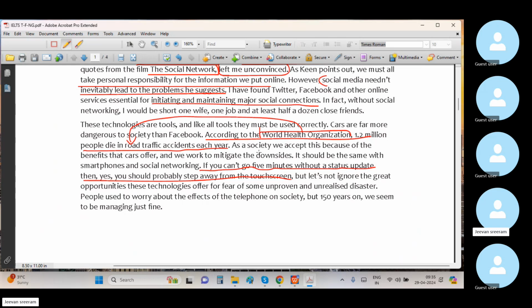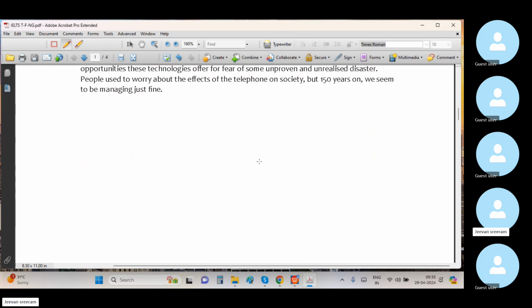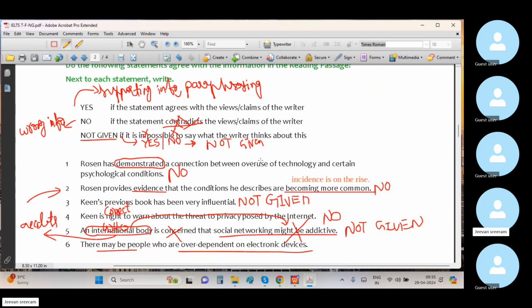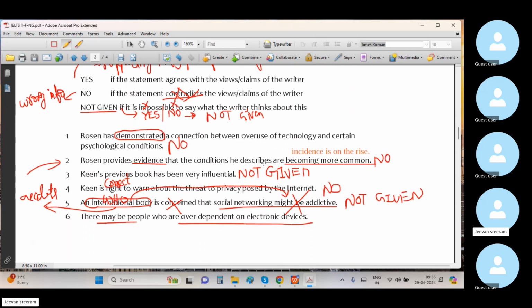So the author felt there might be some people who can't stay away from the status update for at least 5 minutes, and such people must stay away from the touch screen. Is it clear, buddies? Clear. So it is actually yes.